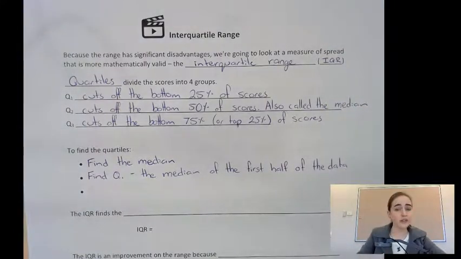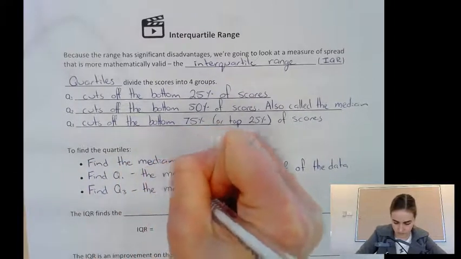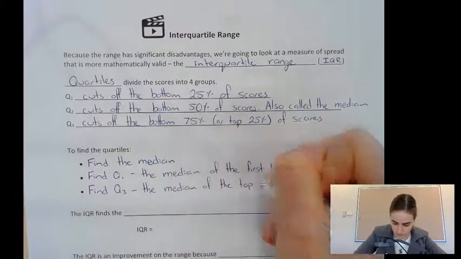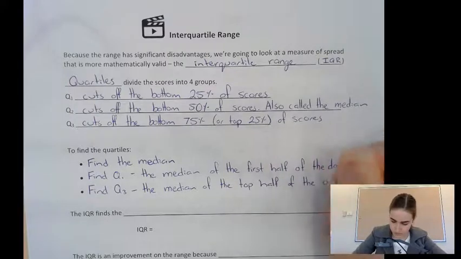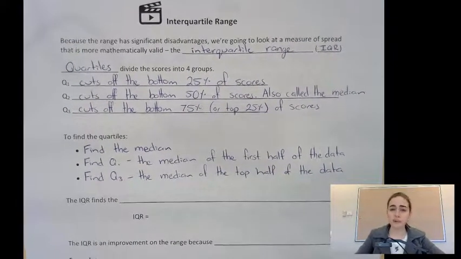And then we're going to find Q3 by again finding the median, but this time we're going to do it to the top half of the data. Now obviously if we're finding quartiles, just like when we're finding the median, we do need to make sure that all our scores are arranged in ascending order before we start.